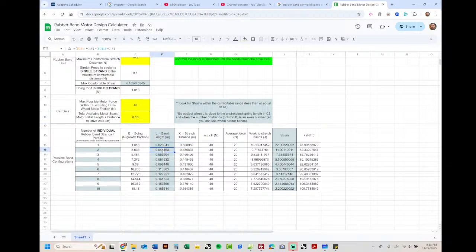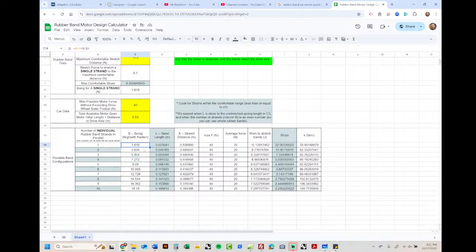And as you move down here, you can see that the bands get longer and the stretch distance gets shorter. And the energy goes down as well. Another thing you can look at over here, this is Boeing. So Boeing is kind of fun. A low Boeing is actually kind of good.